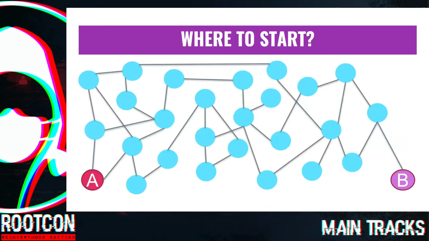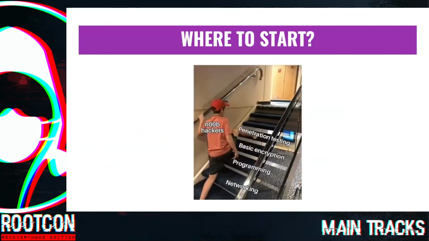So imagine the blue circles are some of the fundamentals, essentials, or technologies that you need to learn or familiarize yourself with. You could actually start from being a non-hacker or a script kiddie. It's not an issue if you start as a script kiddie. You could actually skip the fundamentals. See this? It started with penetration testing.